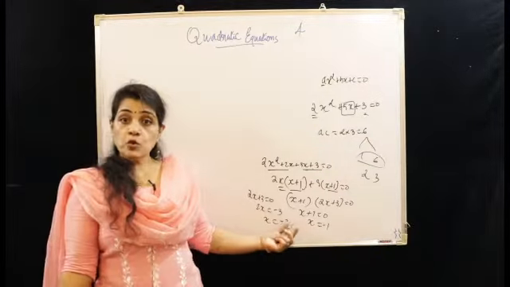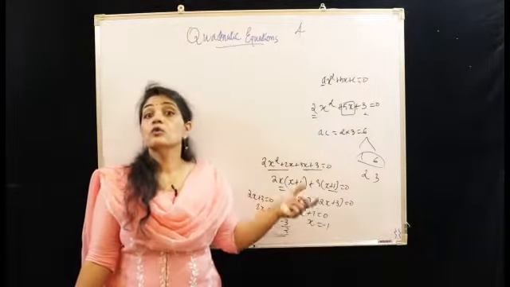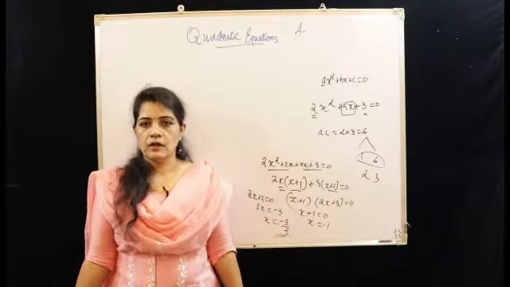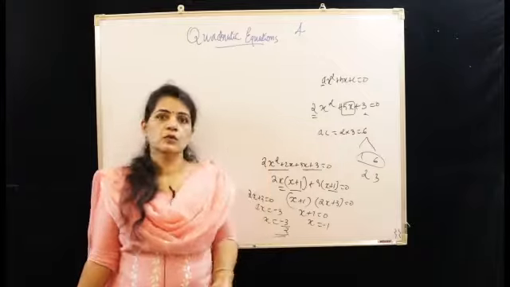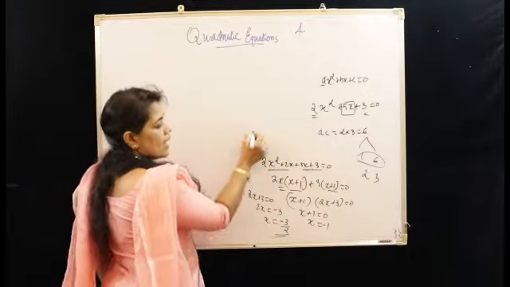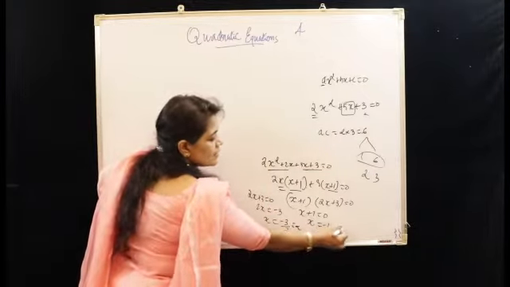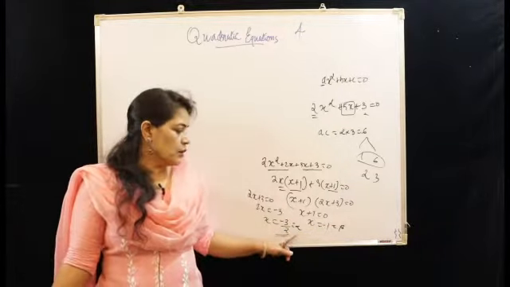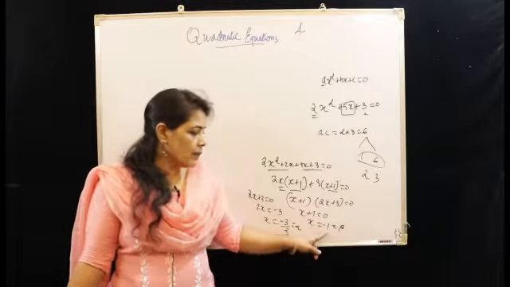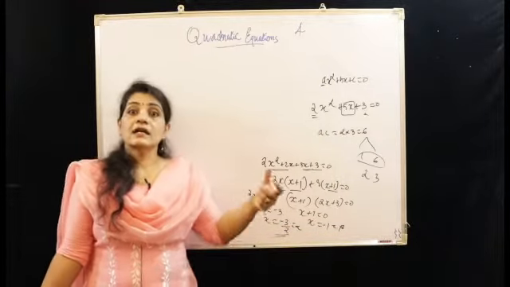That means these two values of x are the roots of the quadratic equation. As I told, it will have at most 2 zeros, and let one x be alpha and the other x be beta. So you will have minus 3 by 2 equal to alpha, and minus 1 equal to beta. These are the two values.